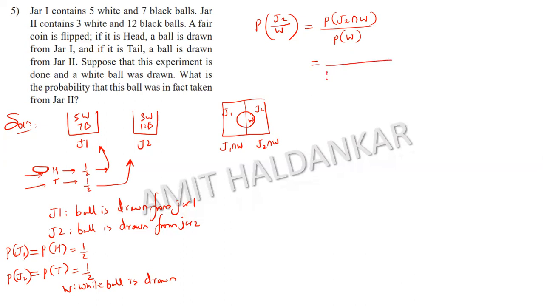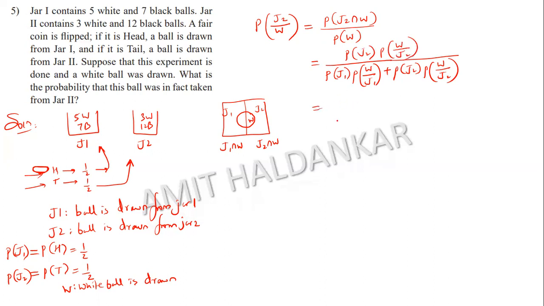There can be only two possibilities, that is J1 intersection W and J2 intersection W. So this can be split like P of J1 into P of W by J1 plus P of J2 into P of W by J2, and in the numerator it is P of J2 into P of W by J2, that is jar 2.